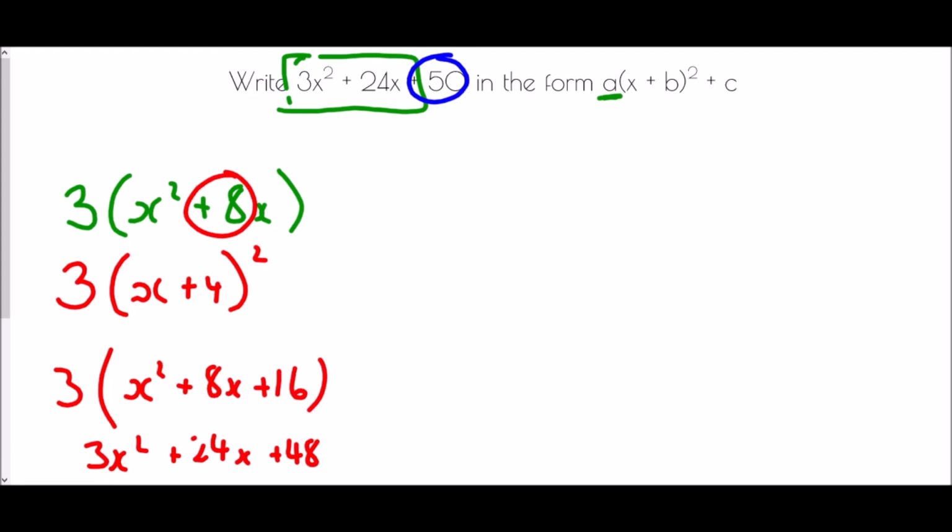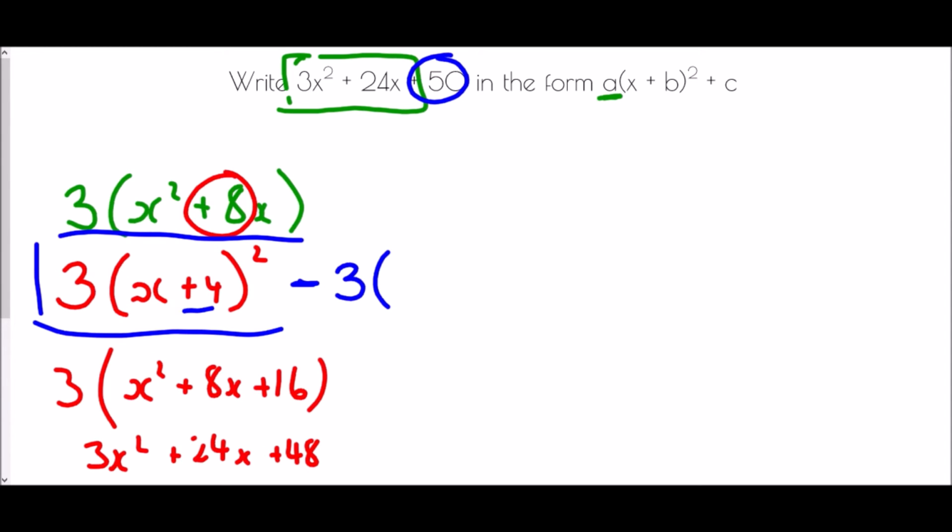And so what am I going to do? Well, in the same way as we did before, at the 3 brackets, I'm going to subtract 3 lots of the number inside of the bracket, 4 squared, and then add the amount that's at the end, the 50.